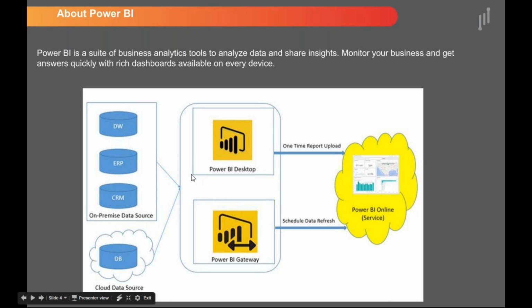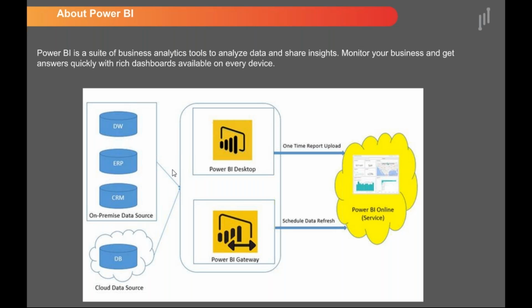Looking at the data sources to which Power BI is connected, there are two types of data source available. One is the on-premise data source and the other one is the cloud data source. In the on-premise data source, you can have a data warehouse, you can have ERP, you can have CRM. I mean, every month there is some new data source being added.